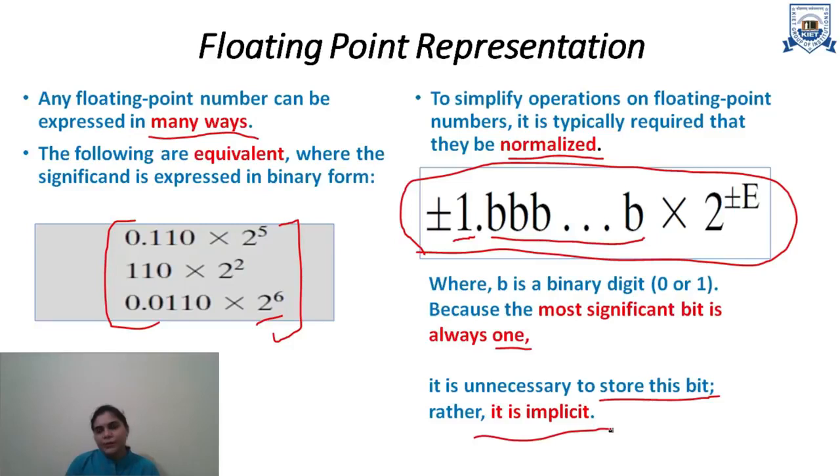So what does it mean? We can represent a single floating point number into many ways. So we should have mechanism to normalize these numbers. So we have some normalization method and we will normalize the number. Then we will represent this number into floating point representation.